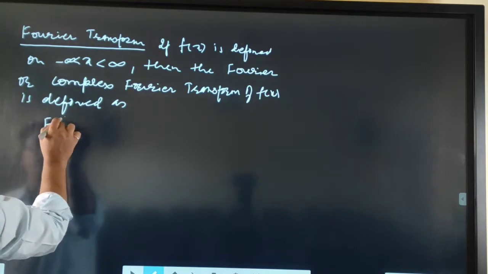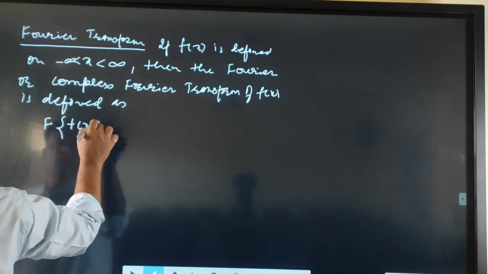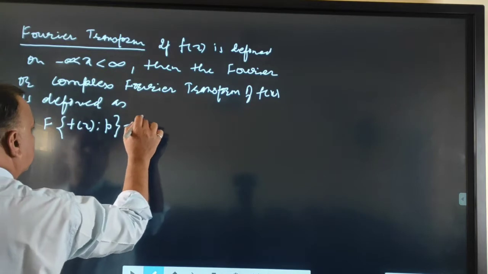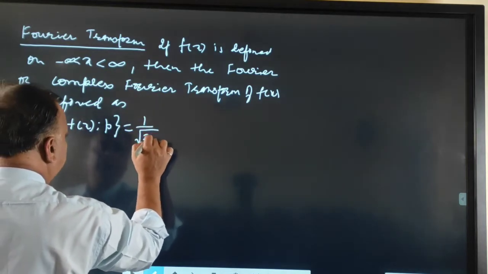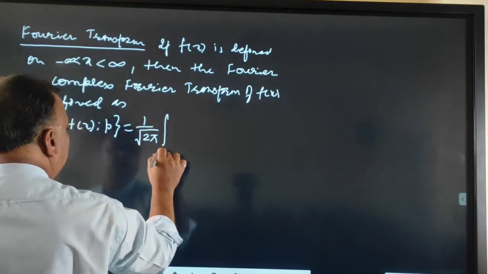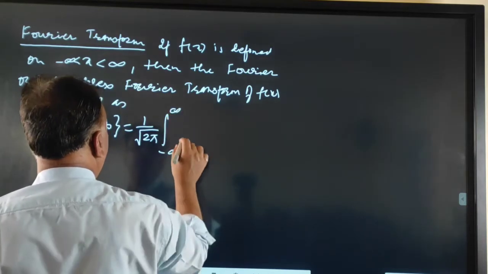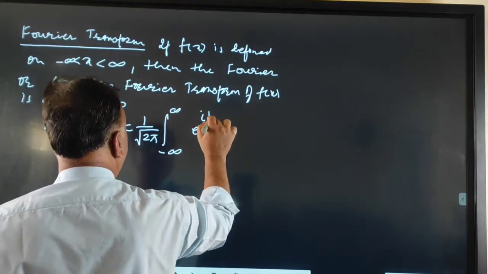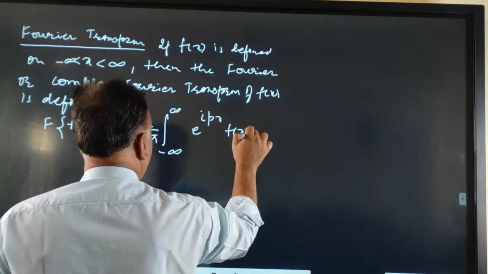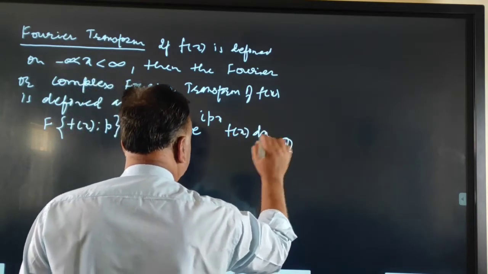F of f(x) with respect to parameter p is equal to 1 upon root 2 pi, integral minus infinity to infinity, e raised to iota px f(x) dx.